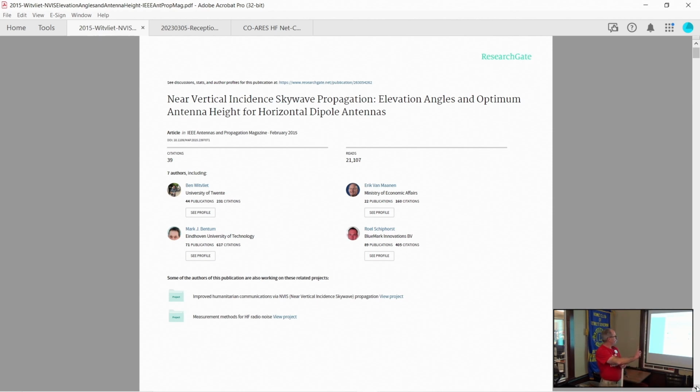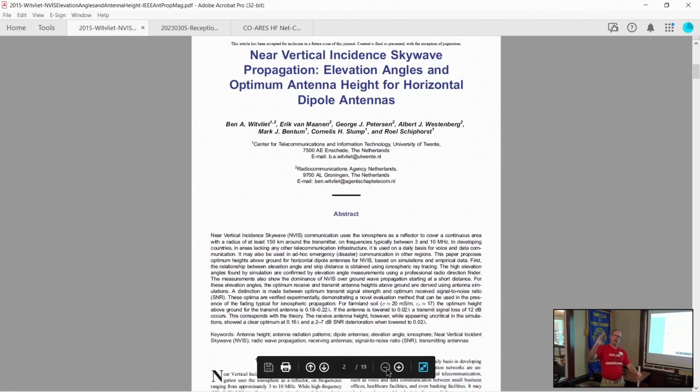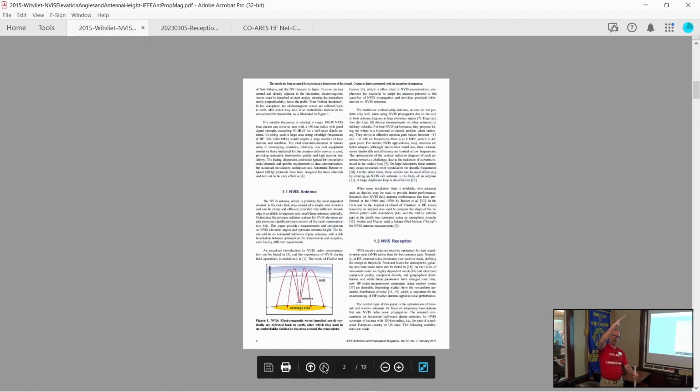And this is like 16 pages long. This report, they went out, and in the past they used helicopters with receivers on them and flew over the NVIS antennas. I don't know if they did that in this, but they set up transmitters and receivers with NVIS and direction finding, angle finding receiver antennas.